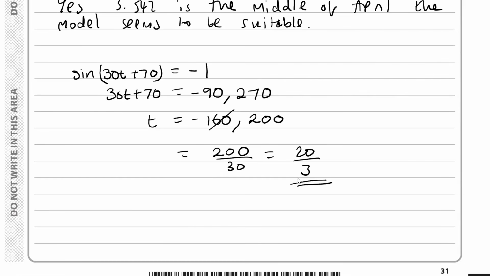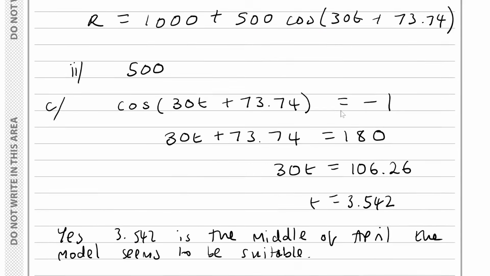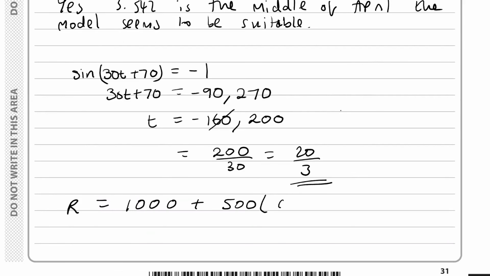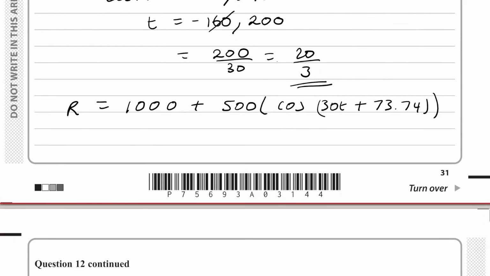So substitute that back into the rabbits formula. R is 1,000 plus 500 cos(30t plus 73.74), and t is now 20 over 3.